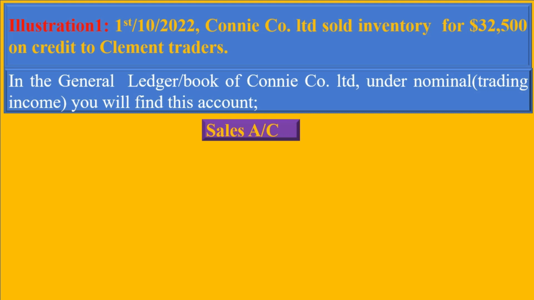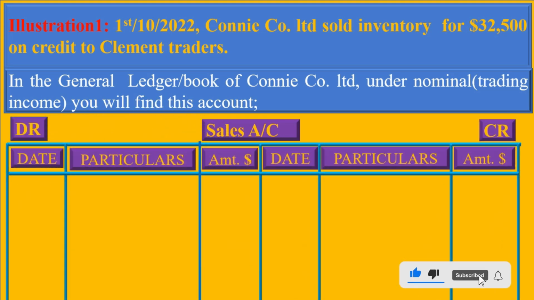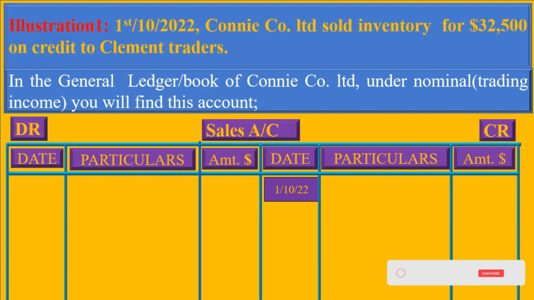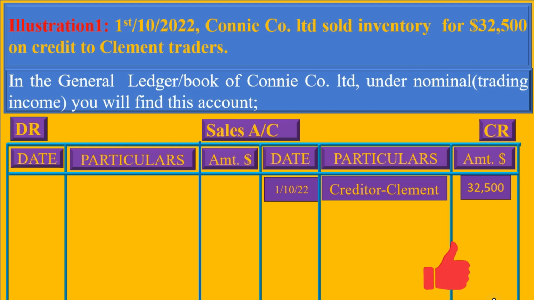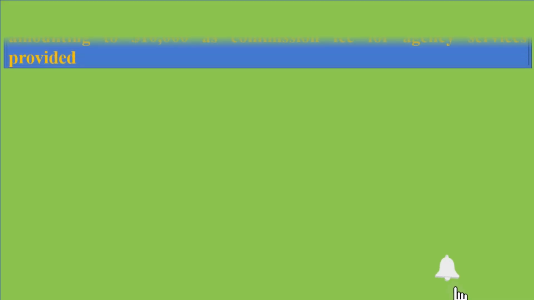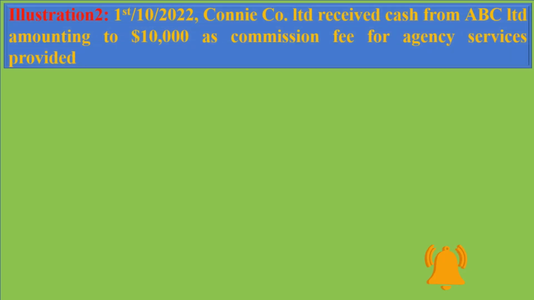A sales account is a good example of a trade income account, and the recording is done as follows. That is, on 1st October 2022, we have creditor Clement whom we sold goods worth $32,500 on credit.